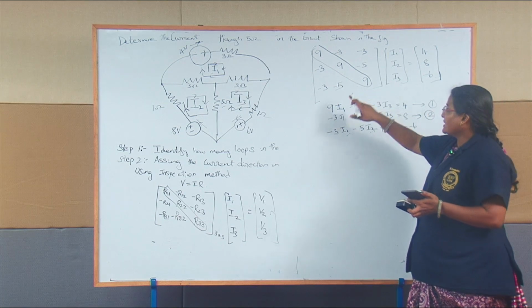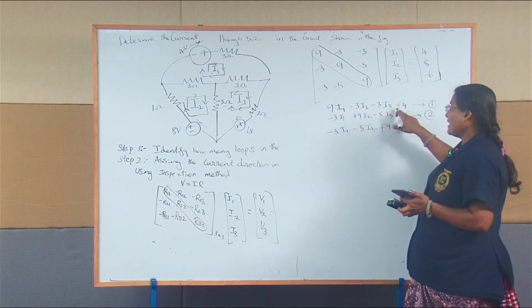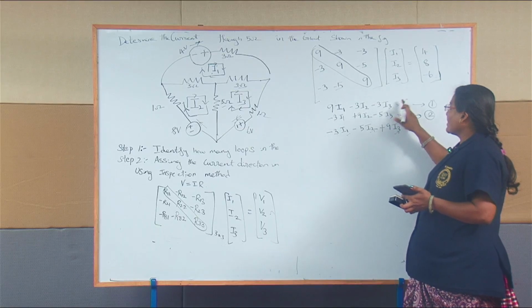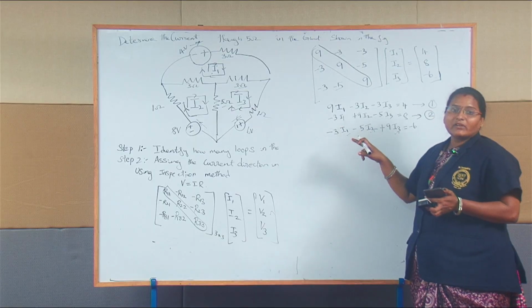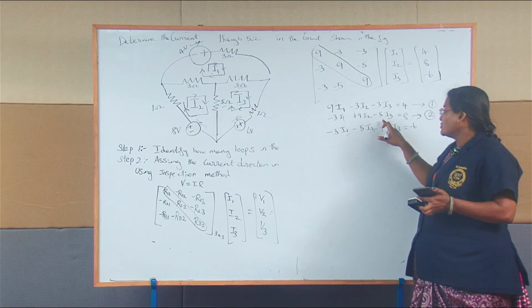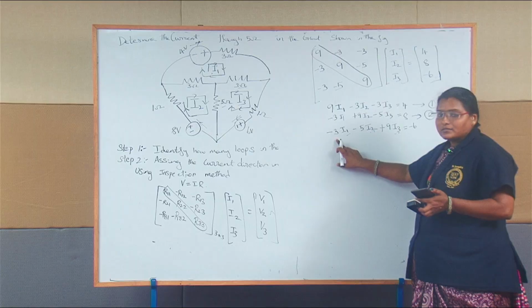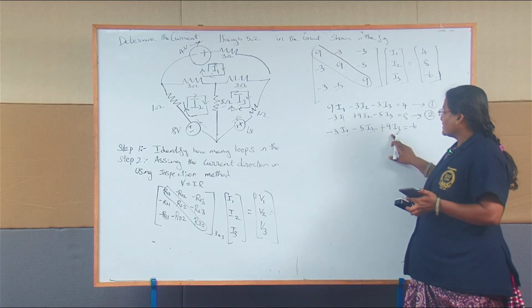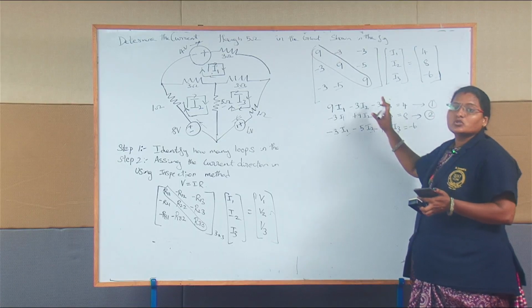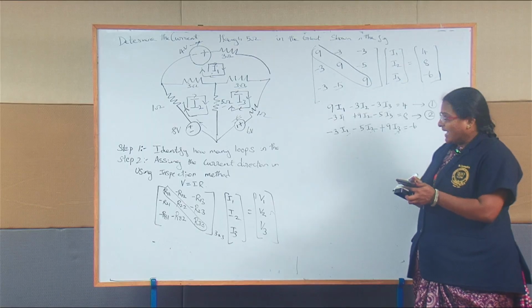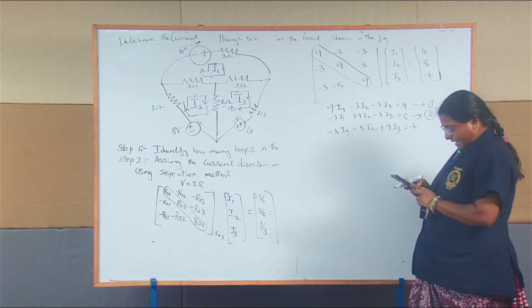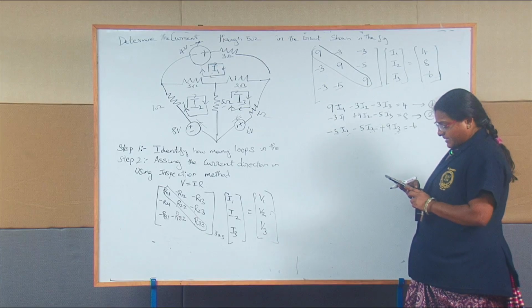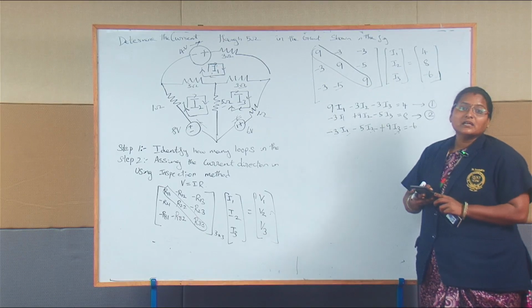It will ask what is A1, B1, C1, D1. D1 is nothing but the equal-to value. Here 4 is D1. Similarly, it will ask A2, B2, C2, D2, then A3, B3, C3, D3. You have to enter all the coefficients. So A1 is 9. If you press equal, it will ask the B1 value.